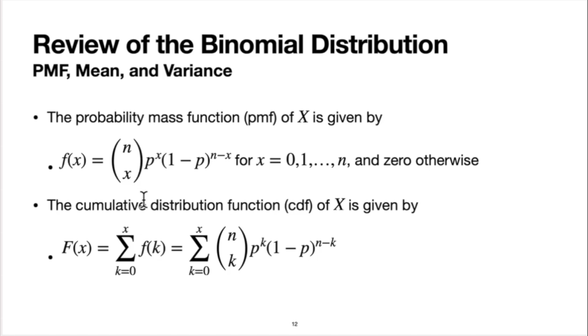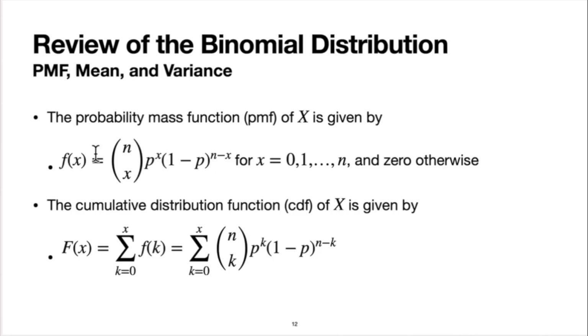Then we multiply that against the success probability p raised to the argument of the function, which we can call the number of successes, and multiply that by 1 minus p. If p is the success probability, then 1 minus p is the probability of failure on a given trial. And if x is the number of successes out of the n trials, then n minus x is the number of failures.